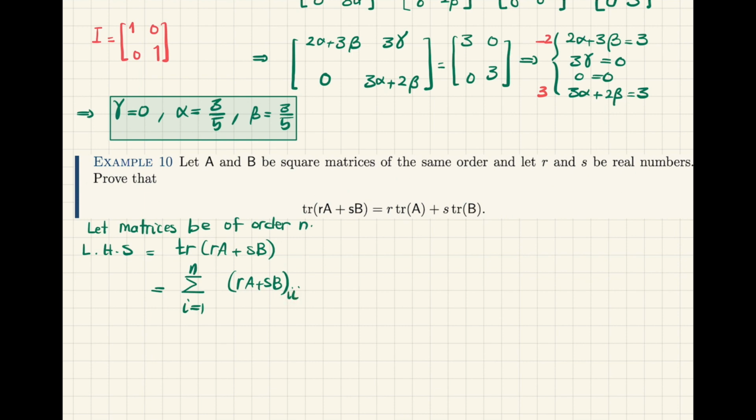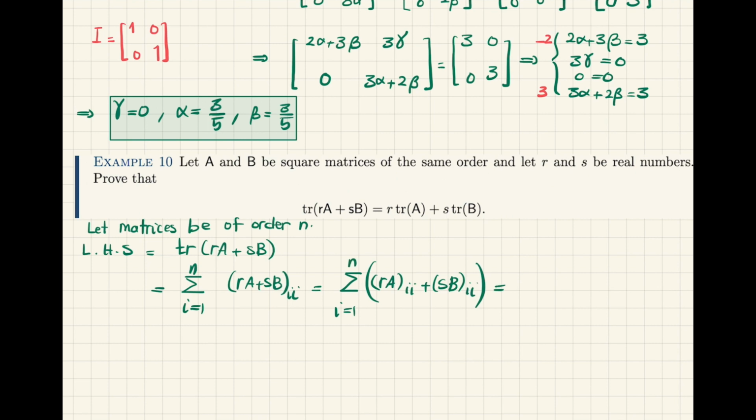But now, according to the definition of addition, first, be careful, this becomes R A_ii plus S B_ii. So you need to respect these things. Why is this correct? Because of the definition of addition of two matrices. This addition is not the matrix addition, but a number addition. And then i goes from 1 to n.